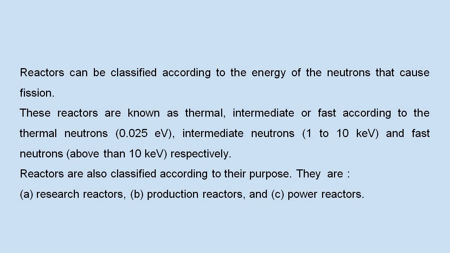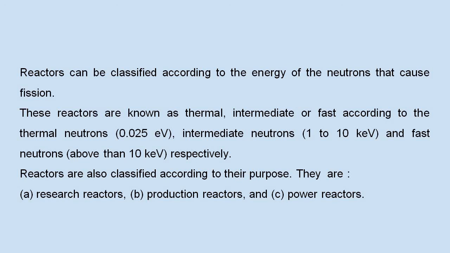And reactors can be classified according to the energy of neutrons that cause fission. These reactors are known as thermal, intermediate or fast. A thermal reactor means the fission is caused by thermal neutrons. Intermediate neutrons causing fission is an intermediate reactor.